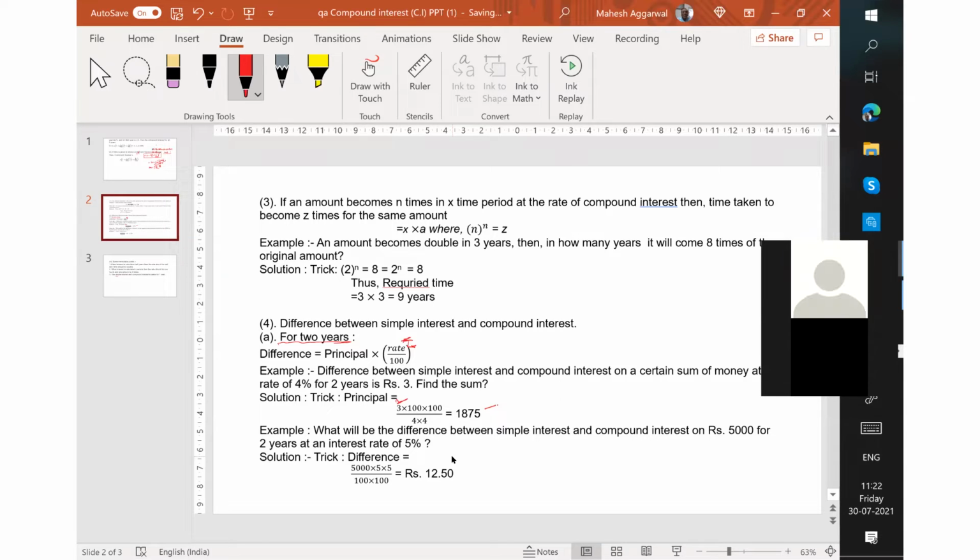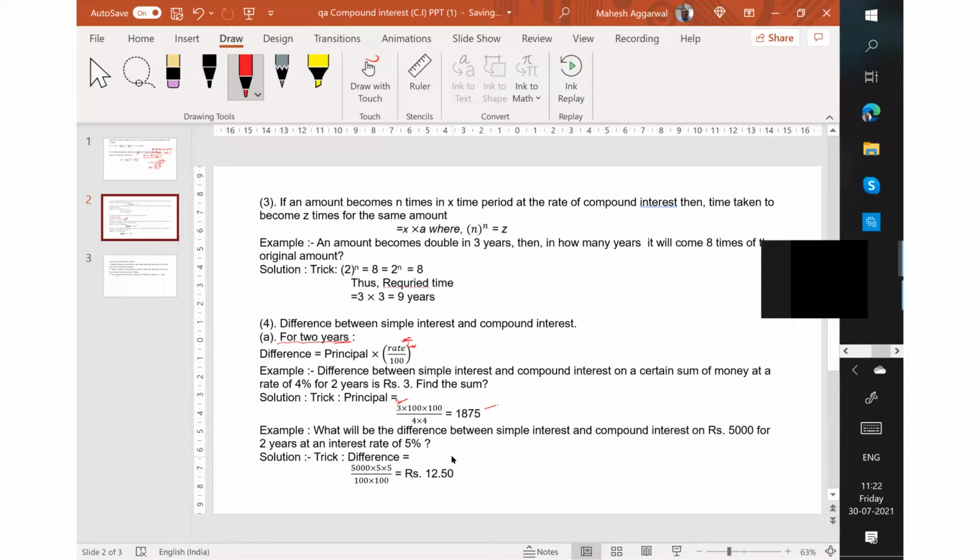If it is on a quarterly basis, simple. If the time is 2 years, then how many quarters? 8. So time is multiplied 4 times. And how about the rate? The rate is divided by 4. If it is 8%, then the rate per quarter will be 2%. Am I right?